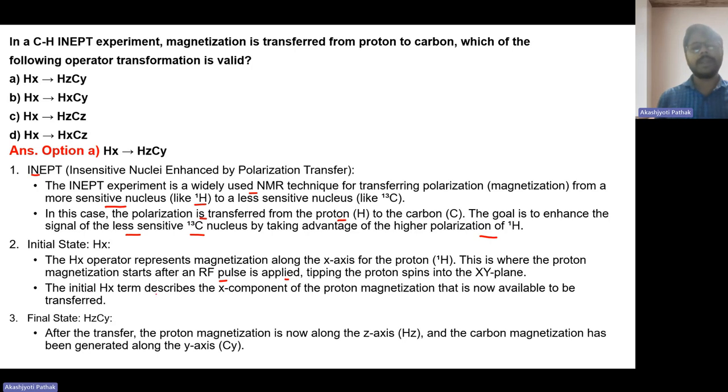The initial HX term describes the X component of the proton magnetization that is now available to be transferred. Transferred to where?